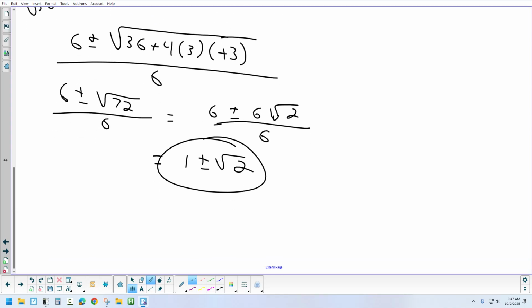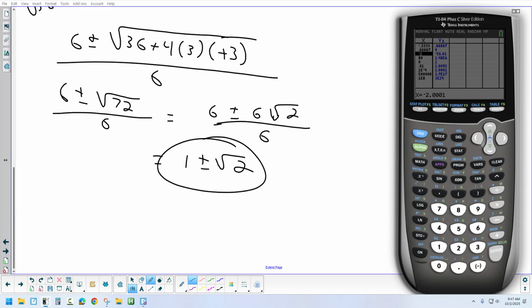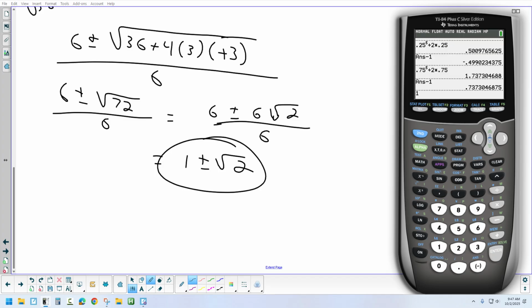Let's see how close that was to negative 1/3. Because it looked like negative 1/3 could have been an answer. But it wasn't. 1 minus root 2 was close. Negative 0.4, negative 1/3 is negative 0.3. So that's one of your other answers. And 1 plus the square root of 2 gives you 2.414.